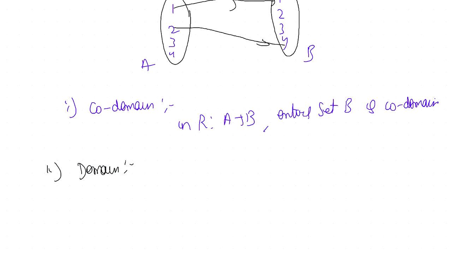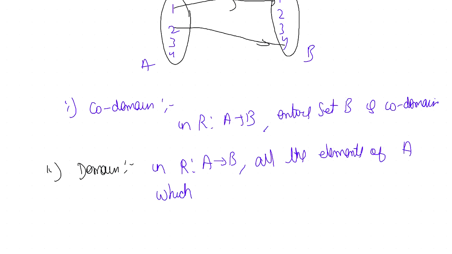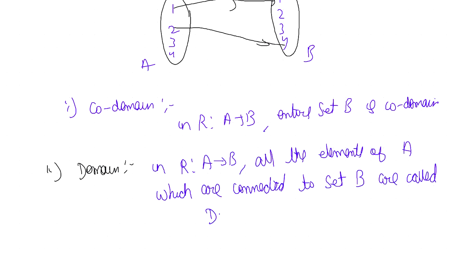So, all the elements of A which are connected to set B are called domain. Now, very important thing is which are connected. ठीक है. Which are connected.